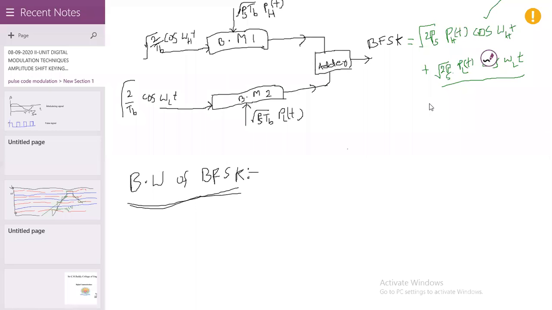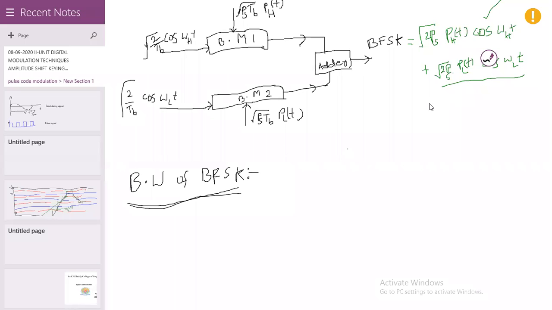The difference between BFSK and BPSK is that in BPSK the D of t data signal is bipolar and directly transmitted, but in BFSK the data signal is converted into unipolar, then the signal is transmitted.